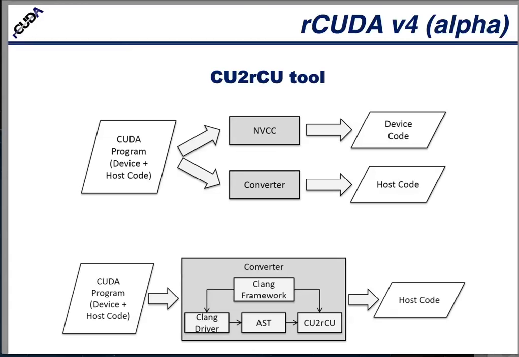With NVCC, we generate the device code to be executed by the GPU. And with this tool, we produce the host code, which can be compiled with a regular C compiler. This tool uses the Clang framework, such as the new NVCC, and in fact, it's a plugin for Clang.